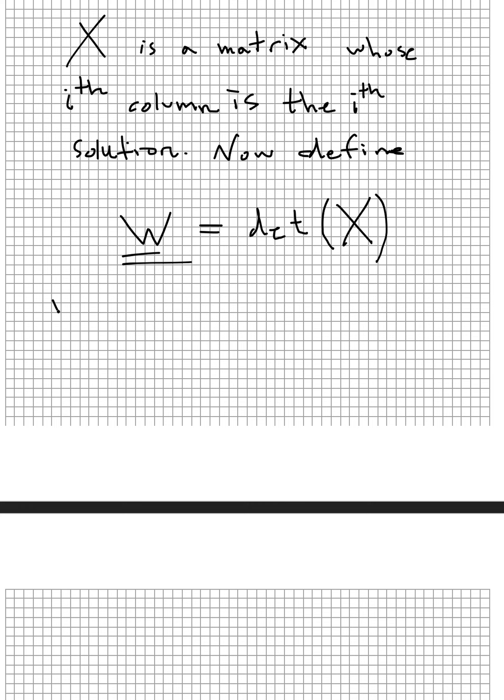So we call W the Wronskian, as you know, which is spelled Wronskian. And you already know some things about this.